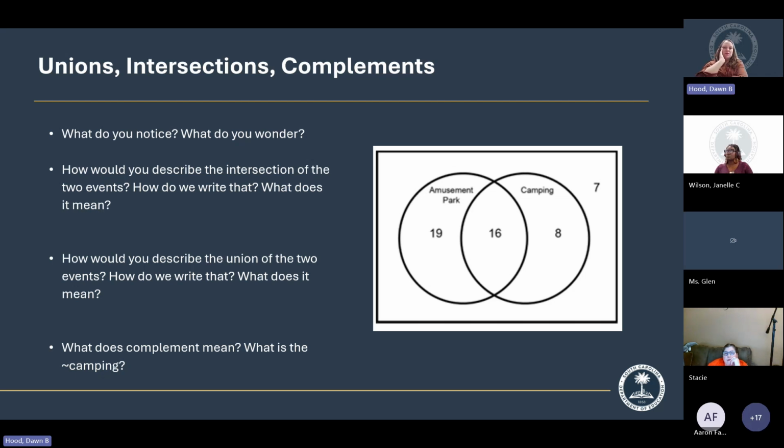So what do you notice and what do you wonder would be the first question you'd want to ask your students. Okay, but what do you notice and what do you wonder about these numbers? Any notices or wonders from the crowd?